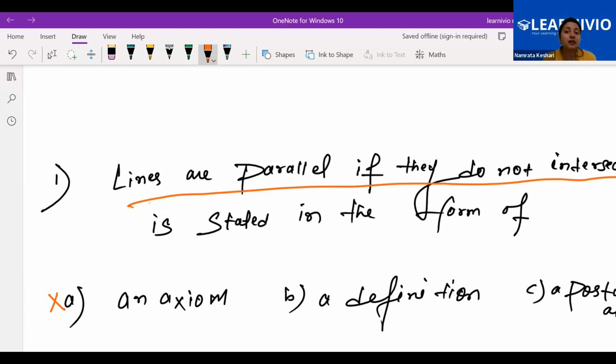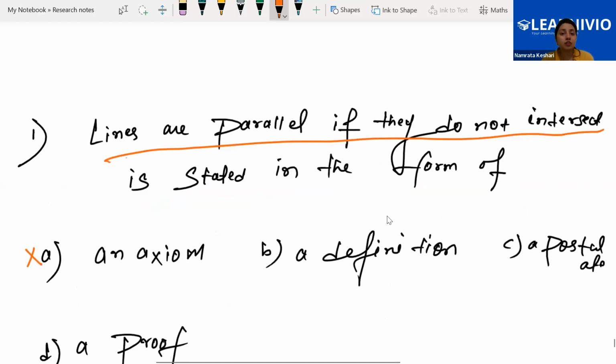However, in detail, it is nowhere written in your book, and you will feel that you have not learned this concept. This line was not even there while talking about the definition or the axiom. But yes, the definitions of perpendicular line and parallel line are all given to us by Euclid only. These are just the definition of the parallel line.